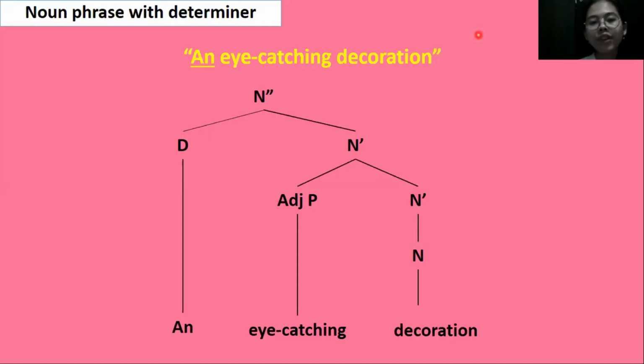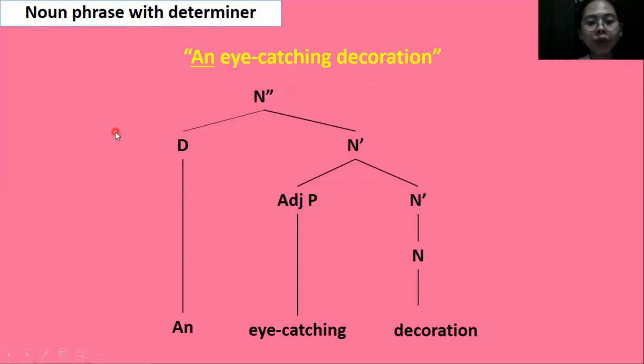Now, have a look at the first example, in which we focus on the noun phrase that consists of a determiner. The example of the noun phrase is "an eye-catching decoration". Here, the head of this phrase is decoration, and the article "an" performs as determiner.